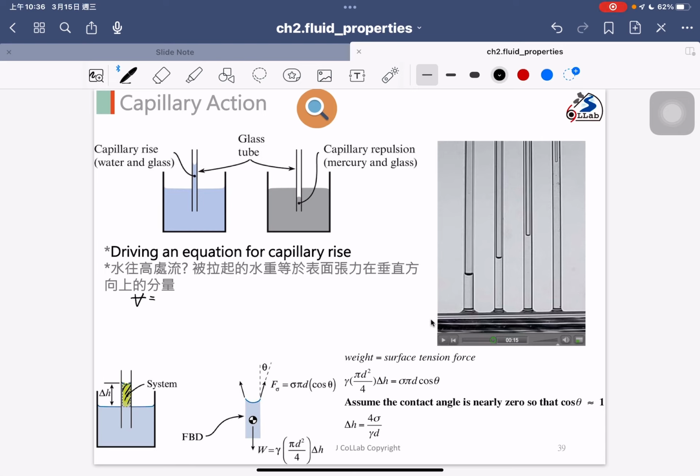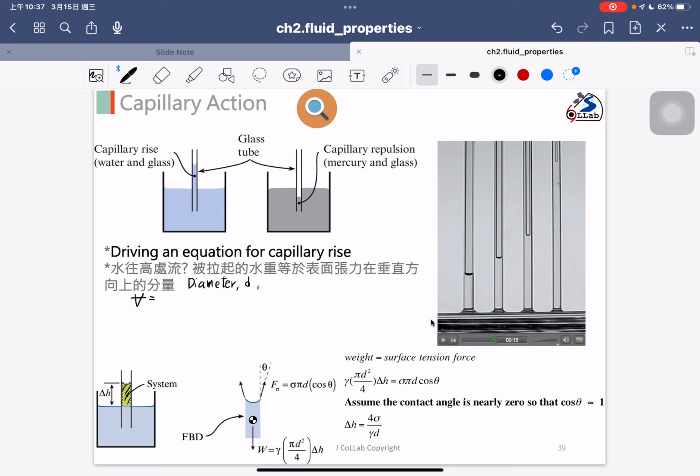So we can compute the area of the cylinder, and we assume the diameter of the tube is D.